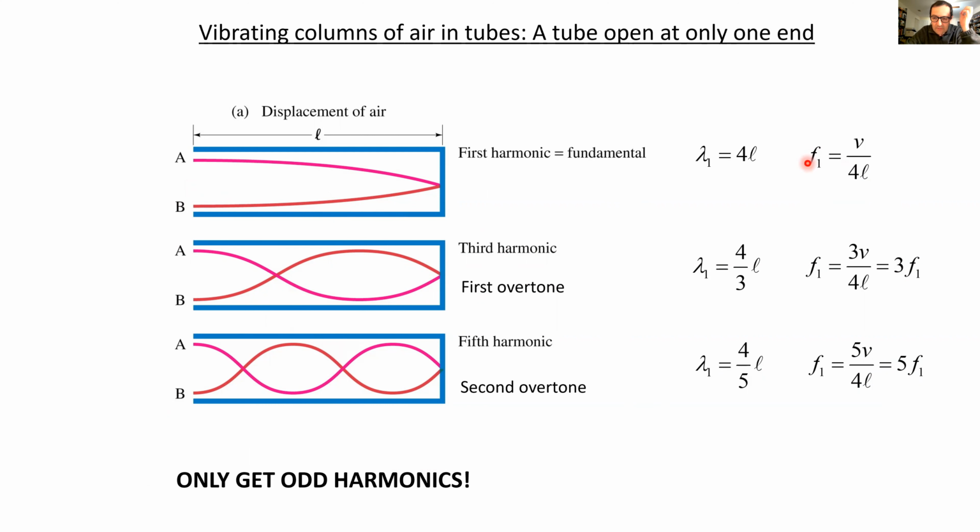So you can't get a frequency of twice the fundamental, but you can get all the odd multiples, 3, 5, etc. So there's a general rule. The higher harmonics have a frequency m times the fundamental, where m is an odd number. That's different than what we saw for the pipe open at both ends and different from the string. Closed at one end, you only get the odd harmonics.